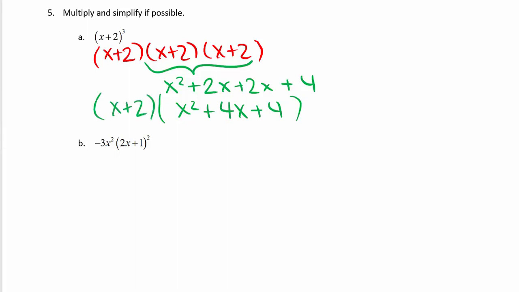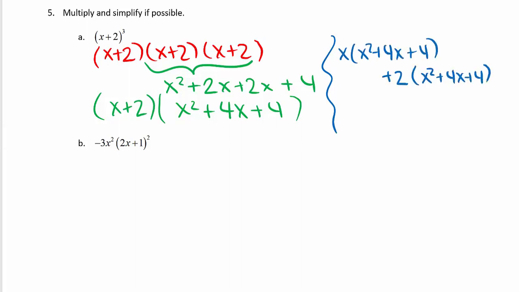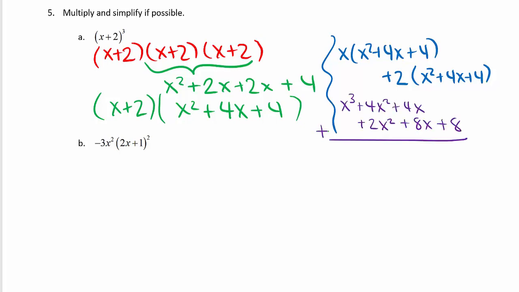To finish the problem, I'm going to have to multiply x plus 2 times that trinomial. So that means I have to distribute the x and distribute the 2, and then combine like terms. So I went through, I multiplied the x by all 3 terms, adding the exponents, and then I multiplied 2 by all 3 terms, and then finally, if I combine like terms, I will get my final answer of x cubed plus 6x squared plus 12x plus 8.